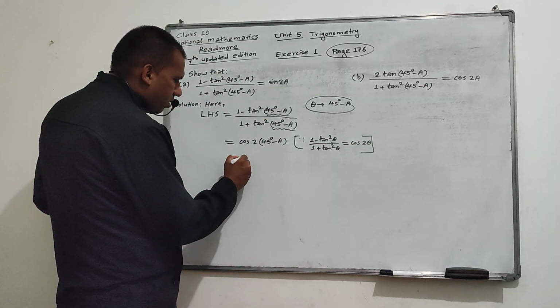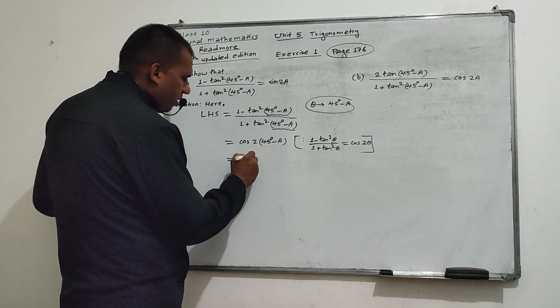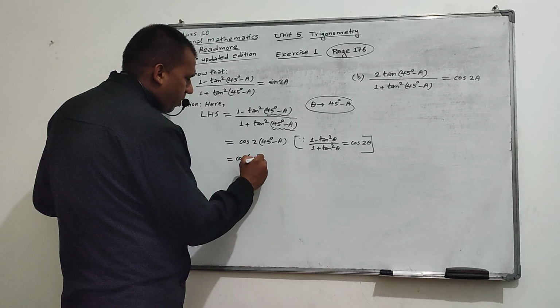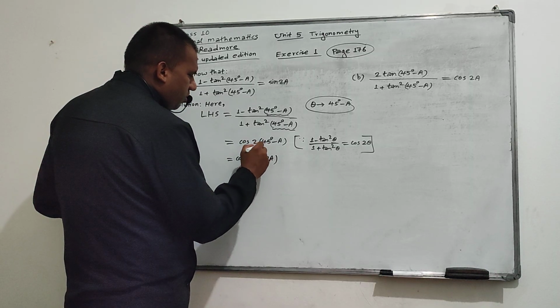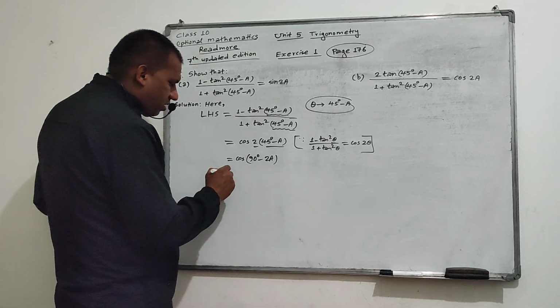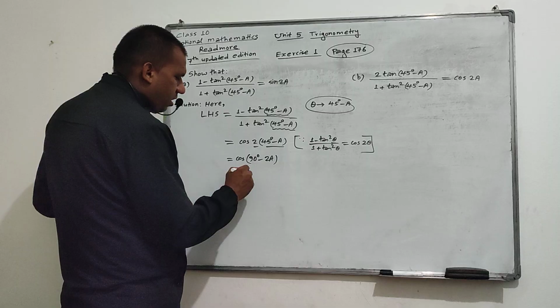Now cos 2 into 45 degree is 90, so cos (90 degree minus 2A). This is in the form cos (90 degree minus theta), which is sin theta.